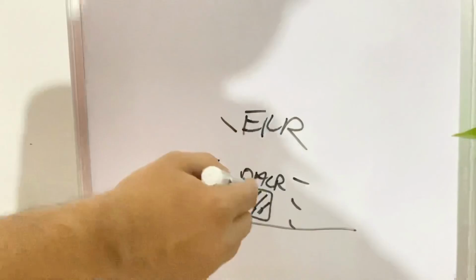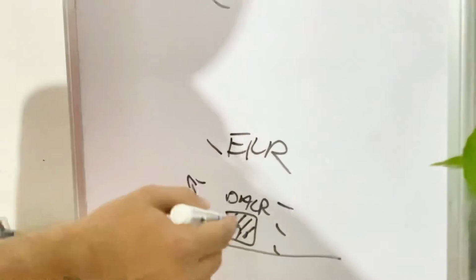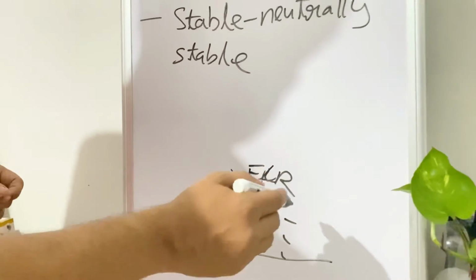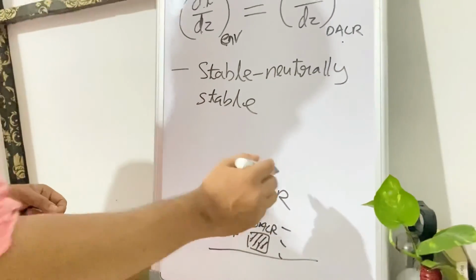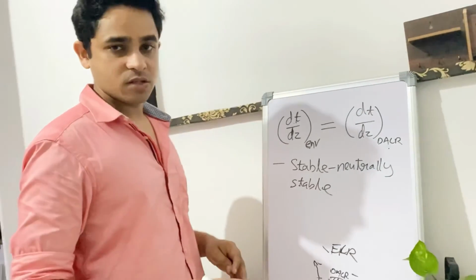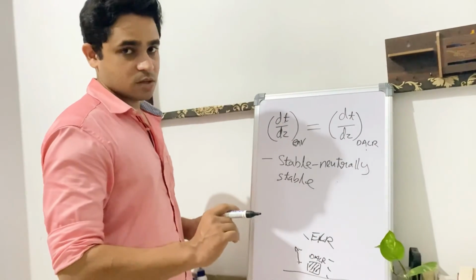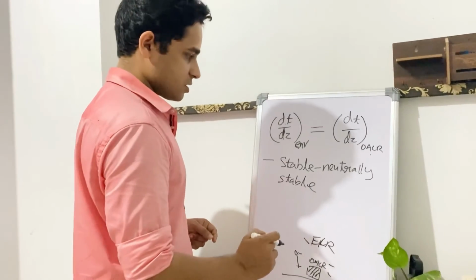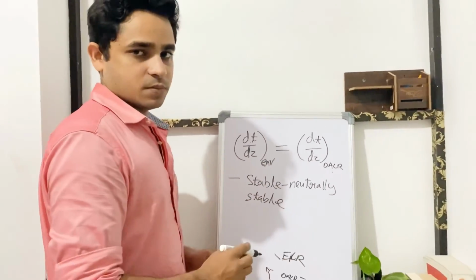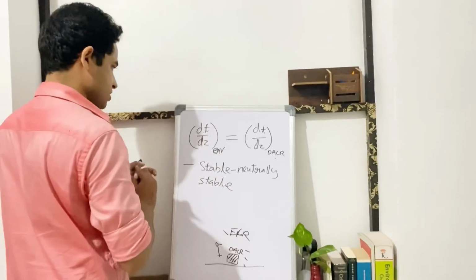And if this air parcel has the same temperature as the environmental lapse rate or the temperature in its surroundings, then the atmosphere will be stable. That means there won't be any winds, there won't be any storms. Such a condition is called stable or neutrally stable. Okay, this is the first case.